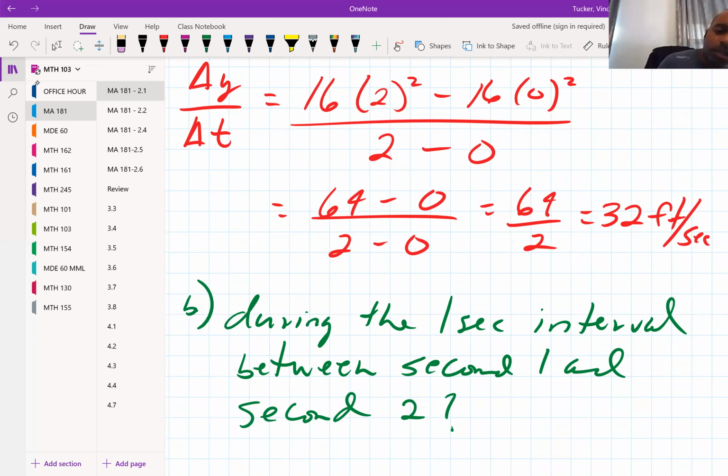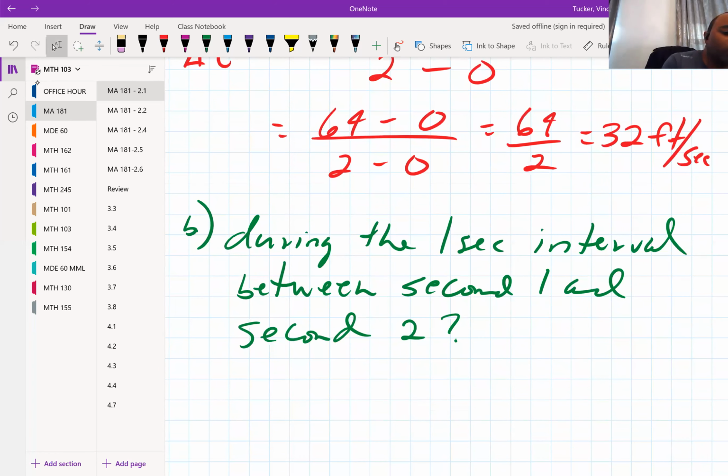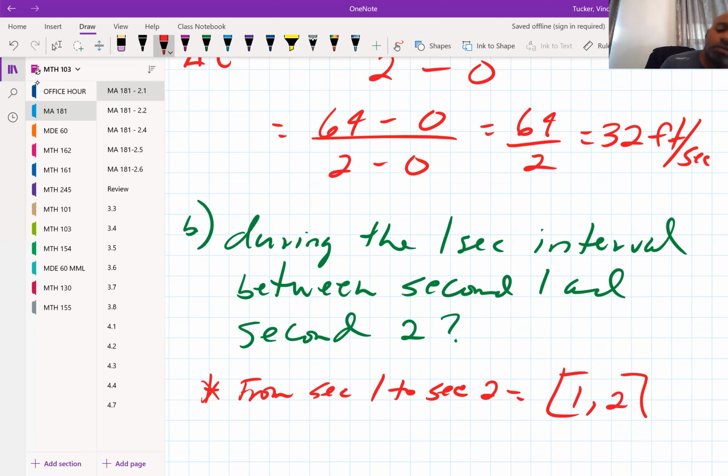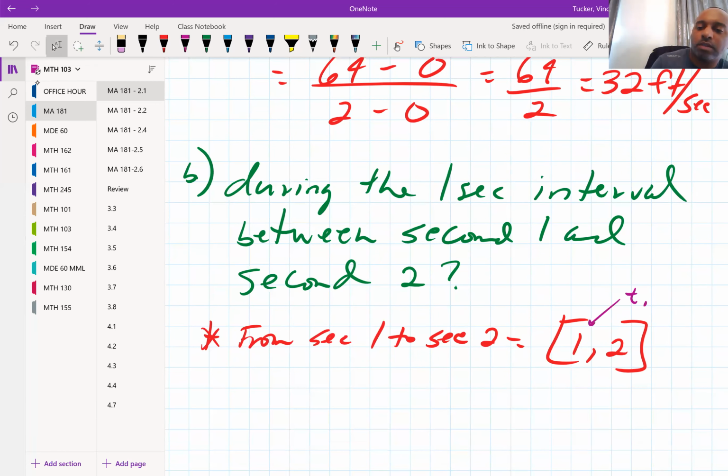All right, so now we're talking about from second one to second two, 1 to 2. And this time t1 is 1, and t2 is 2.